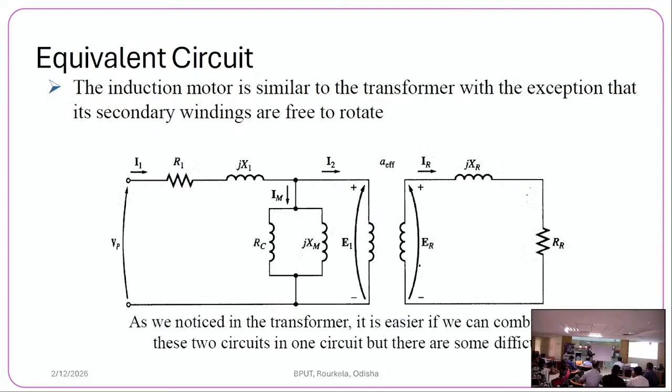This reactance, this is one. You told it is a reactance. So many of you told X1 is the reactance of the stator. What about XM, the magnetizing reactance? Is it of the stator or rotor? It is in the stator.